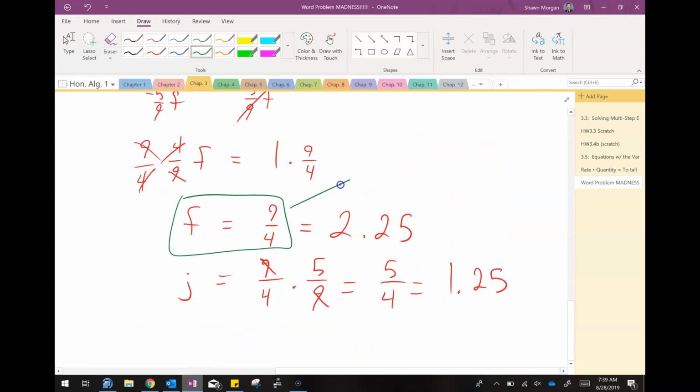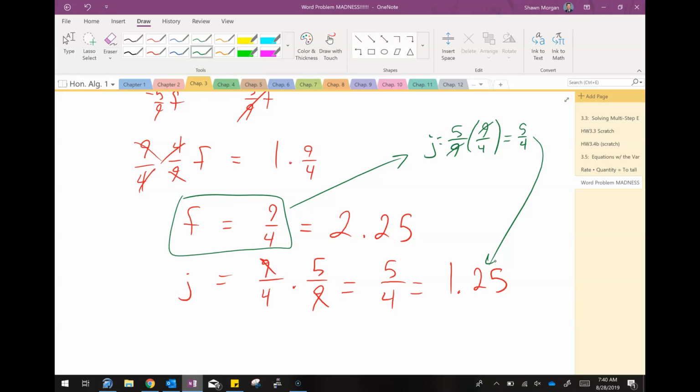So whatever that fruit cup is, we want 5/9 of it. So the juice is going to equal 5/9, of means multiply, whatever that fruit cup costs. And so 5/9 times 9/4. And when we multiply, the 9s would cancel out, and you'd be left with 5/4, which is also the same thing as 1 1/4. And then Campbell?